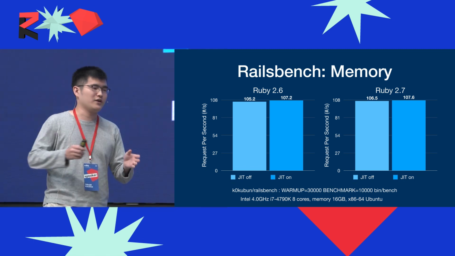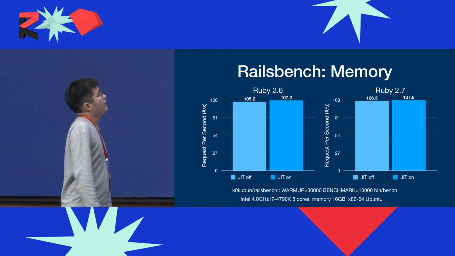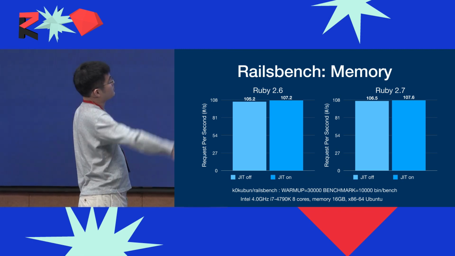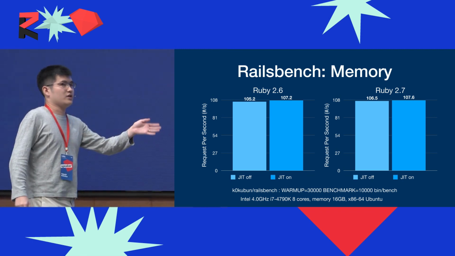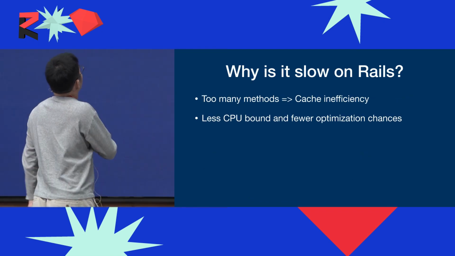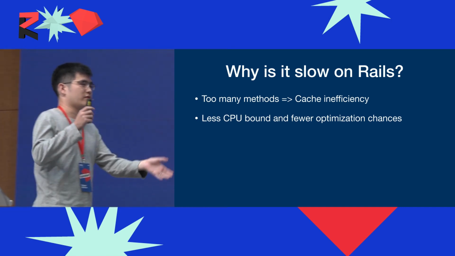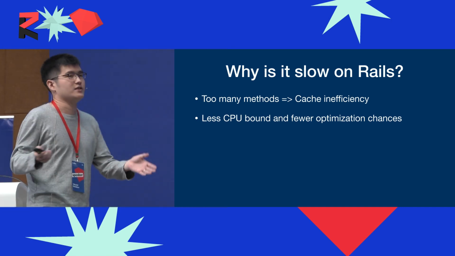It can be easily used in production without increasing memory consumption a lot. It's similar in 2.7, and I think it will not increase in the future either. And the main reason for the slowness right now is cache inefficiency.